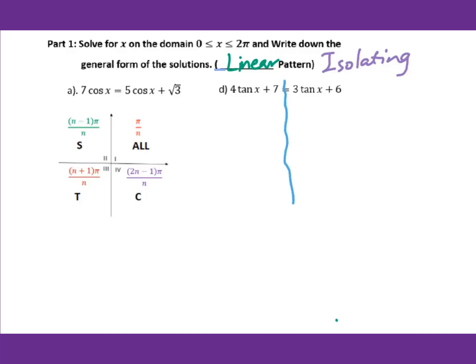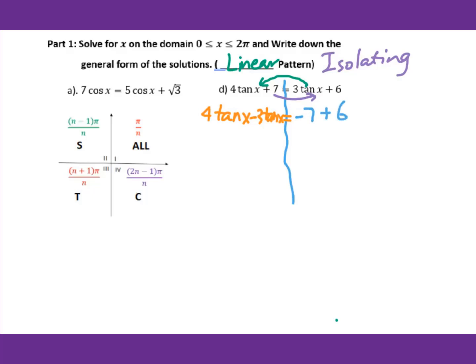Now let's go to D. First of all, you have to isolate all variables on one side. So I move 3 tangent x to the left side and 7 to the right side. 4 tangent x minus 3 tangent x equals -7 plus 6.